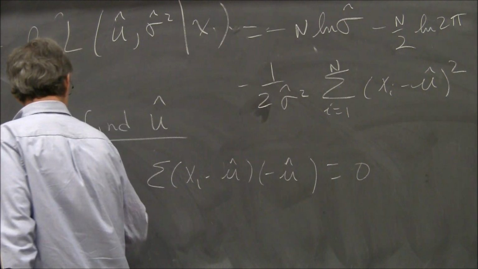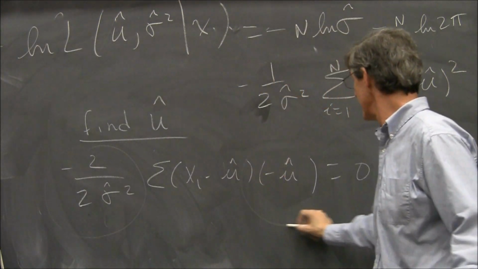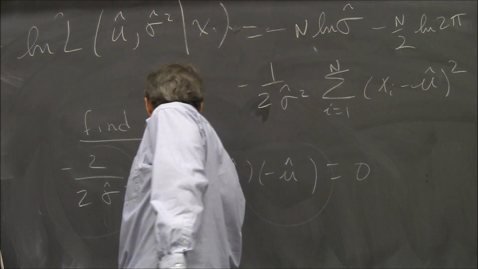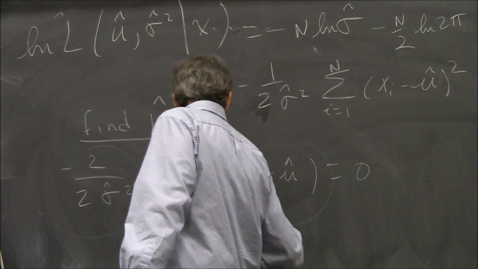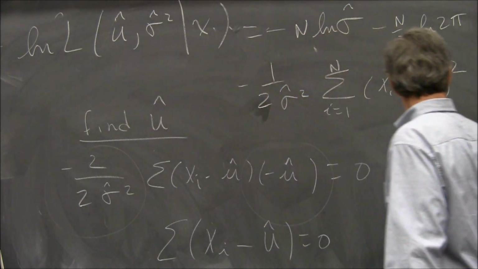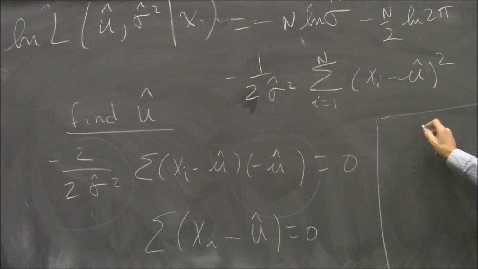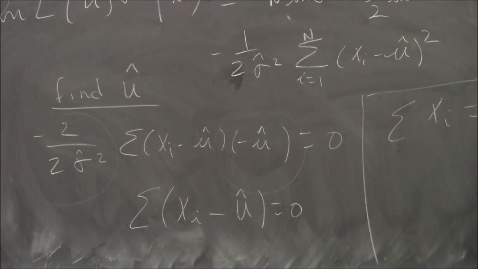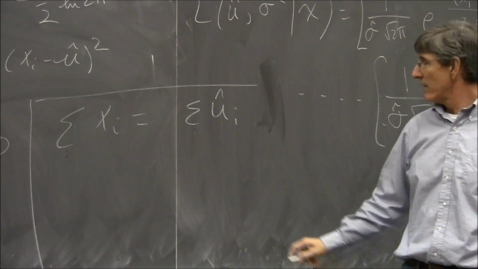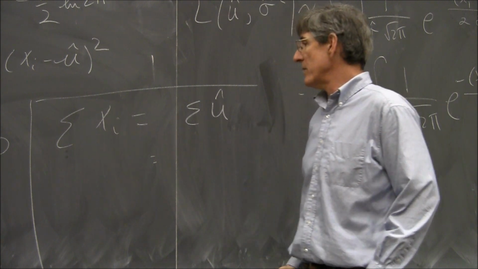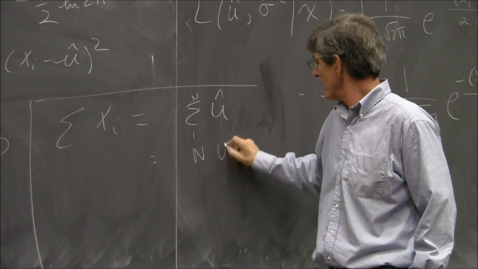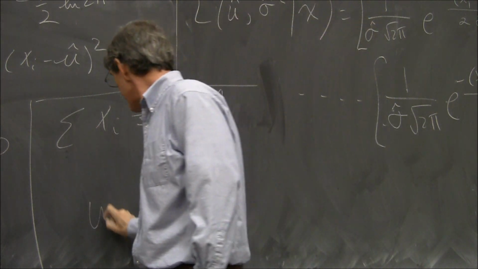Divide through by this and this, which I can do. Those are just constants. So the sum of the xi minus mu hat equals 0. Sum of the xi equals the sum of the mu hat. From 1 to n, that's n mu hat.